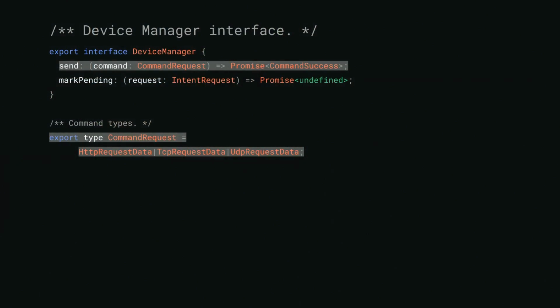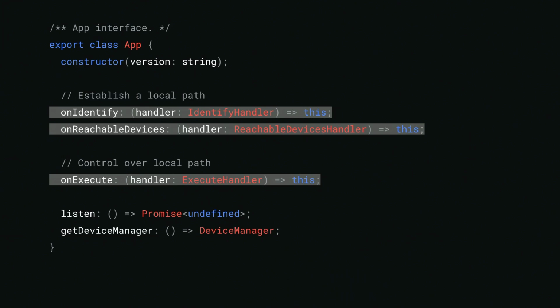The second is the app class. This provides the methods to attach the intent handlers. So let's look at the typings for the device manager class. Here's the send method, which takes in a command request type object as input and returns a promise which is resolved when the command is completed. And like I said earlier, it could be HTTP, TCP, or UDP. Let's look at the typings for the app class. For those who are familiar with the Actions on Google Node library that you use for the cloud-side integration, you will realize that there we have onExecute, onSync, and onQuery as the handlers you can attach to.